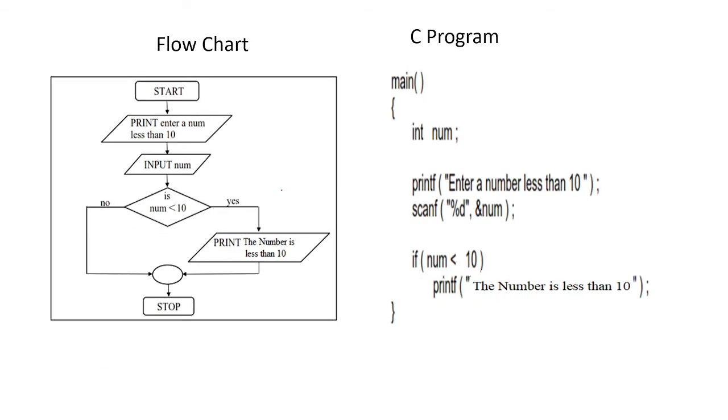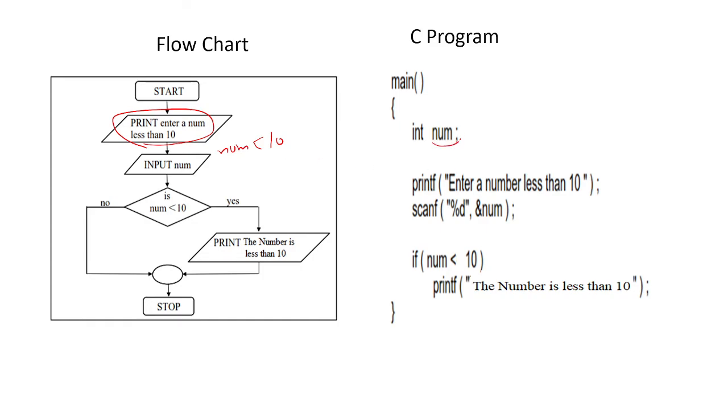So let's take an example. In this example, a number less than 10 is printed. We have to enter a number through the keyboard which is less than 10. So we take a variable num.